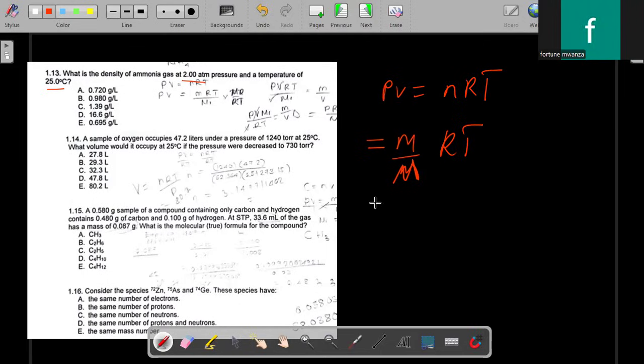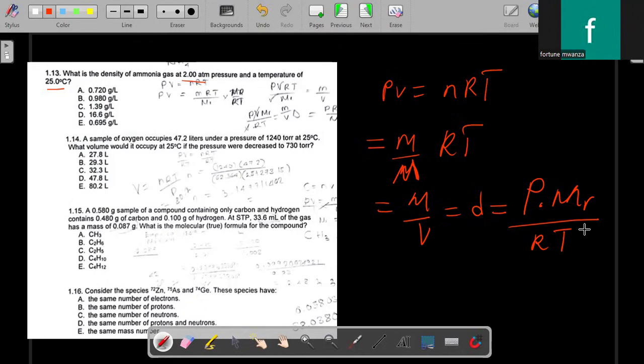This is also the same as mass divided by volume, which is density. So in this case, density is given by pressure times molar mass divided by RT.